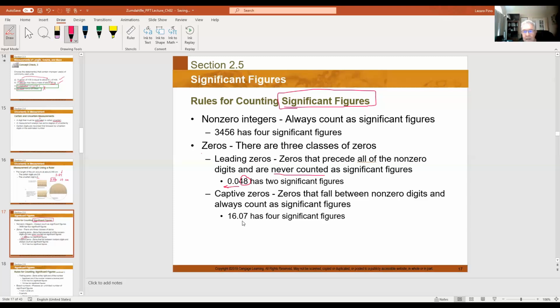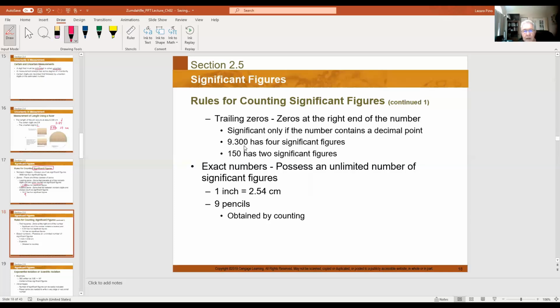If there is a digit that is between two integers, it is considered a significant figure. And if you have a number like this, where you have a 0 and you don't have a decimal point anywhere, you say that this 0 is not significant.